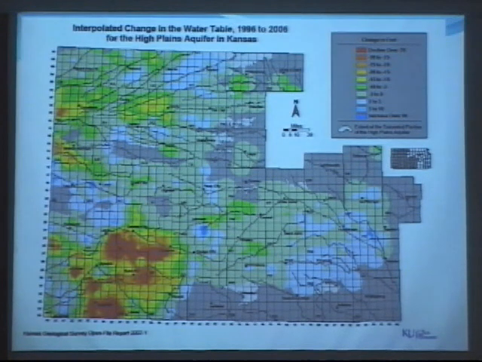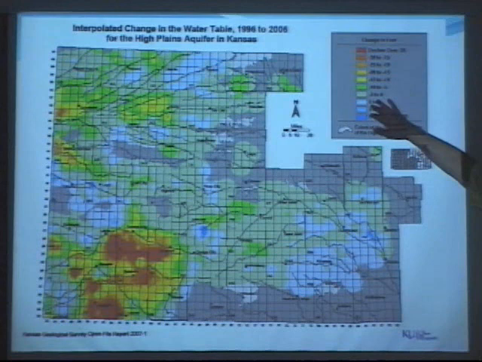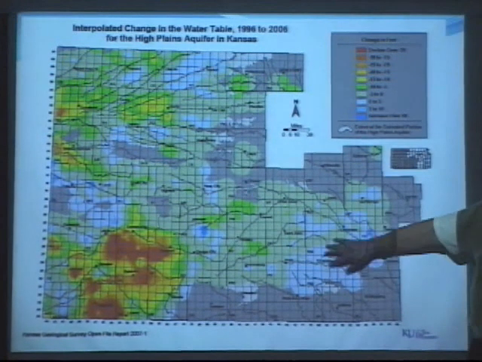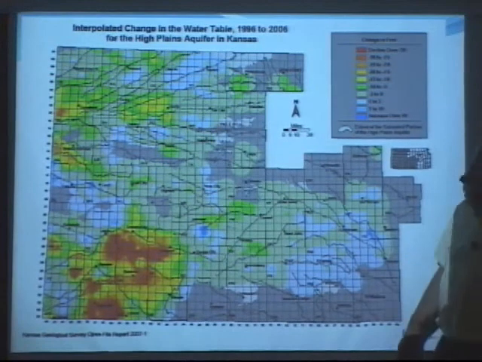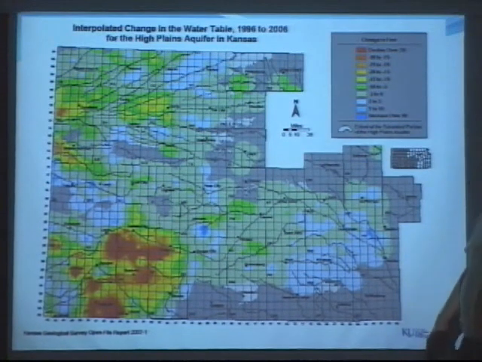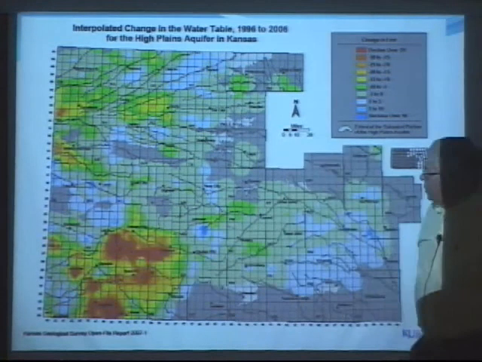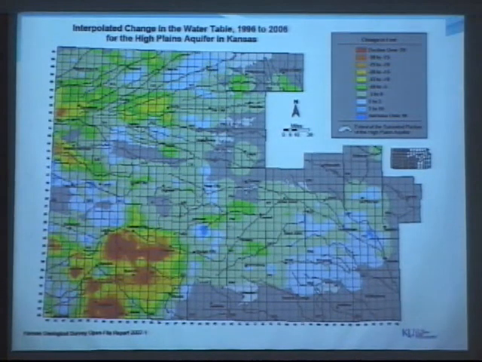The change in the water table over the last 10 years: the blue areas have had a rise in the water table. Once again, these are areas in the Great Bend and the Equus Beds, but further west, not so much. These orange and reddish oranges show 25 to 35 feet or more of lowering of the water table in the 10 years.